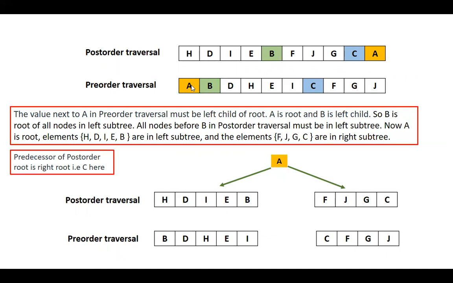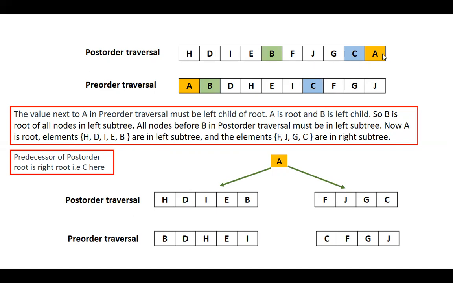So again, I repeat, the pre-order successor of A is the left child of A. Starting from B till the first element of the traversal, all are left subtree elements of the node A. Similarly, how do you find the right subtree elements?